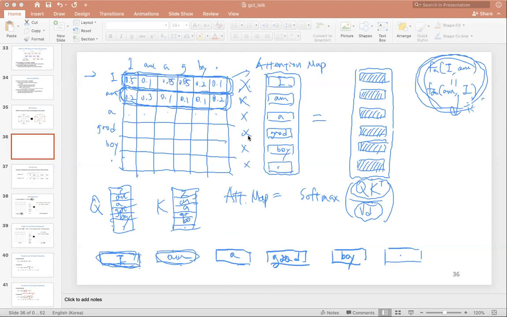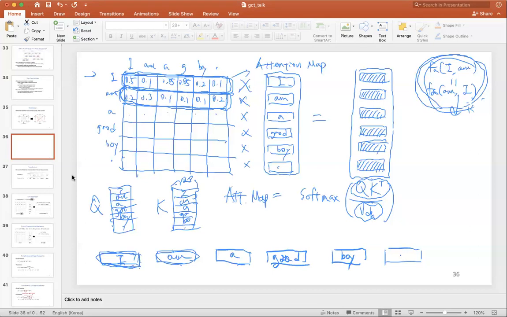Okay, I'm sorry. So it's the size of the embedding. You divide this q k transpose by the square root of d, which is actually dk, the size of the key vectors. So the embedding could be like 128 or something. In that case, this will be the square root of 128.